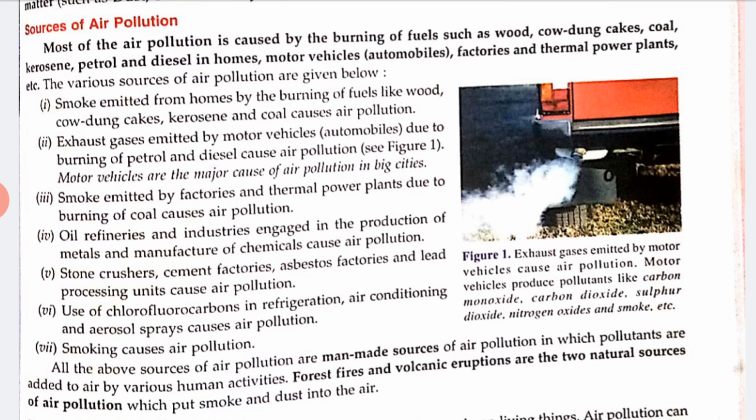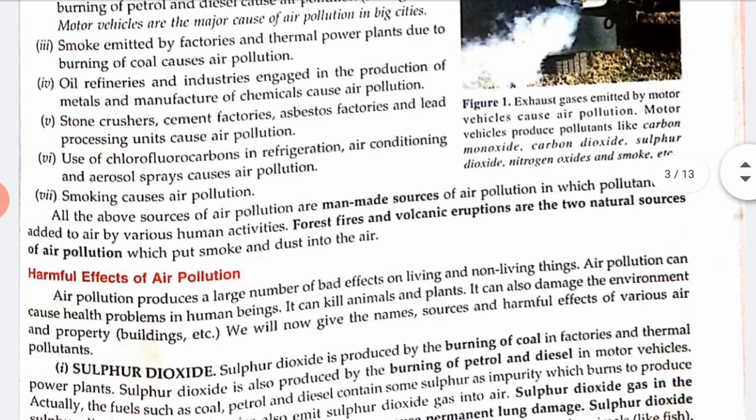Smoking causes air pollution. All the above are man-made sources, in which pollutants are added to air by various human activities. Forest fires and volcanic eruptions are the two natural sources of air pollution, which put smoke and dust into the air. This is all about the sources of air pollution.